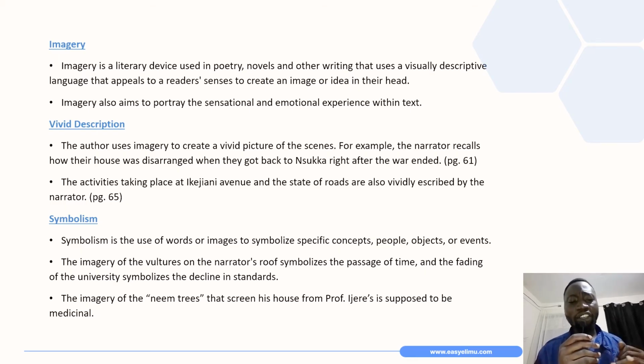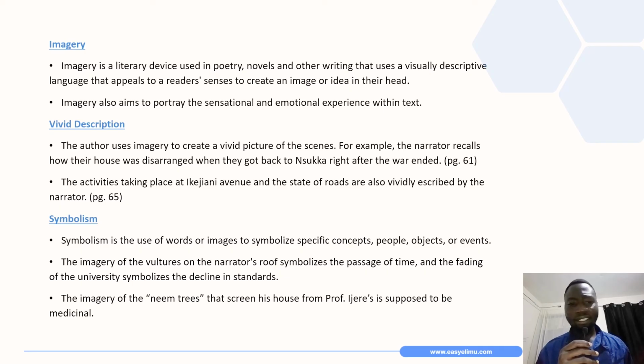There is also the imagery of the neem trees that screen his house, which are supposed to be medicinal. The vultures, the neem tree, and even the condition of the university all are symbols, as they represent some concepts or events.